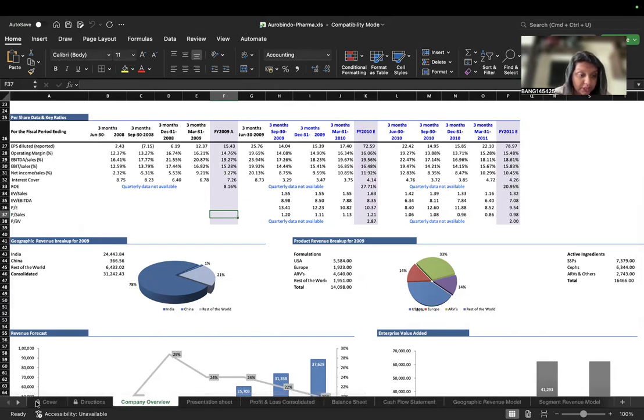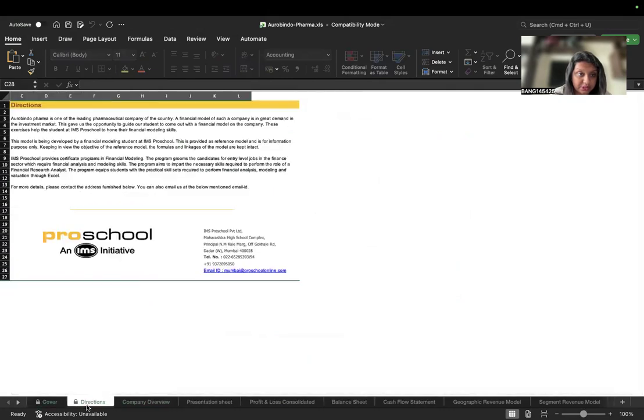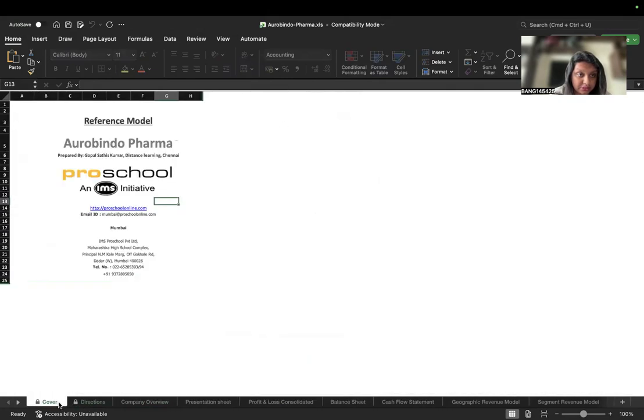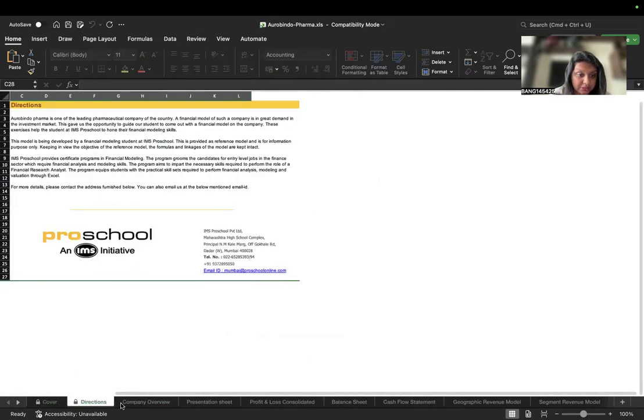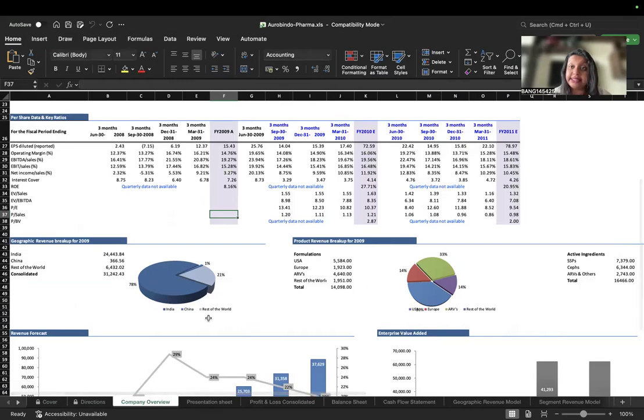Okay, this is the cover sheet. Let's go with the company overview first. Let's talk about the directions. The direction sheet is a usual user manual.